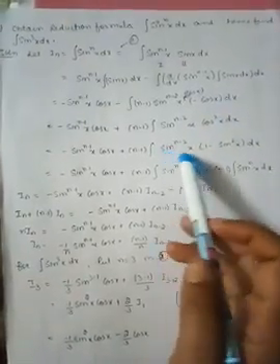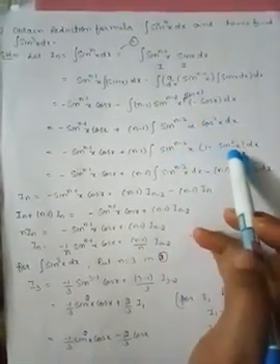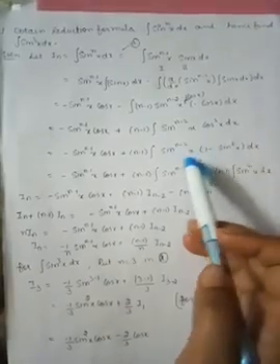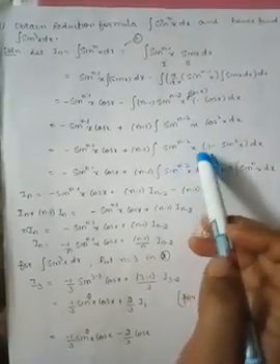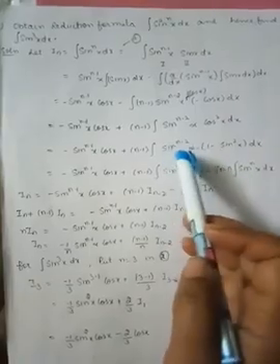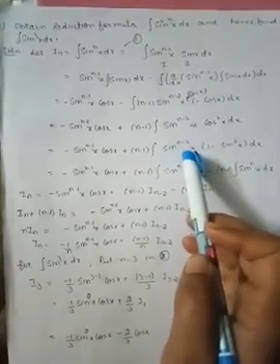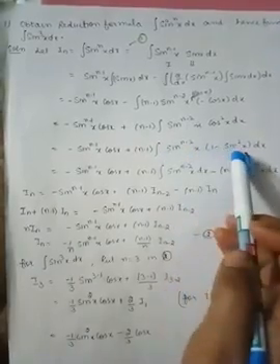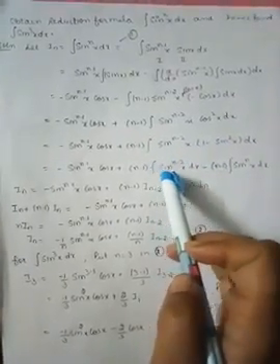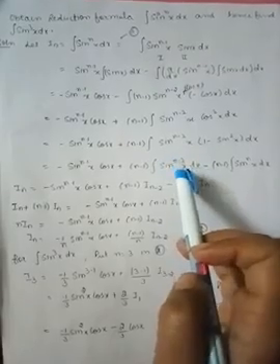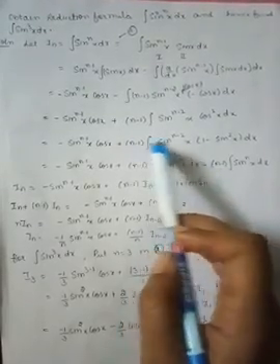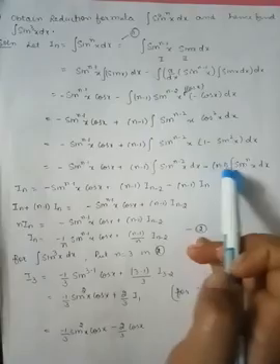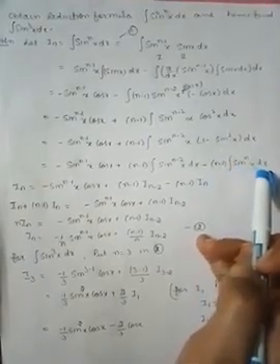In the next step we substitute the value of cos^2 x, which is 1 minus sin^2 x, and then multiply sin^(n-2) x into this bracket 1 minus sin^2 x. So this integral will split into two parts. The first integral will be sin^(n-2) x dx, and next will be minus (n-1) sin^n x dx.